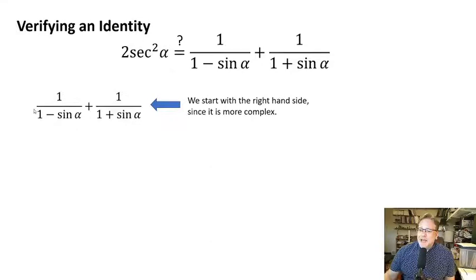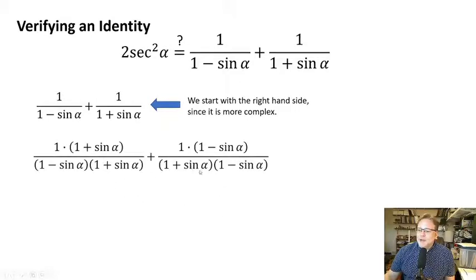Well, if I take a look at 1 minus sine alpha and 1 plus sine alpha, if I multiply this first fraction, top and bottom, by 1 plus sine alpha, and do something similar with the second fraction, where I multiply top and bottom not by 1 plus sine alpha but by 1 minus sine alpha, that'll make it so that my two denominators are the same: 1 minus sine alpha times 1 plus sine alpha.